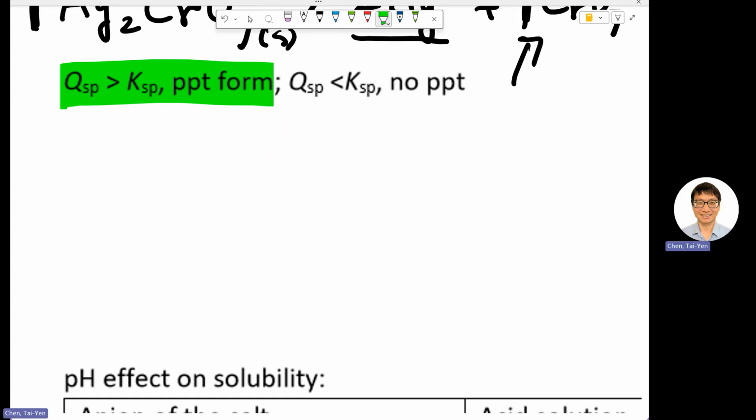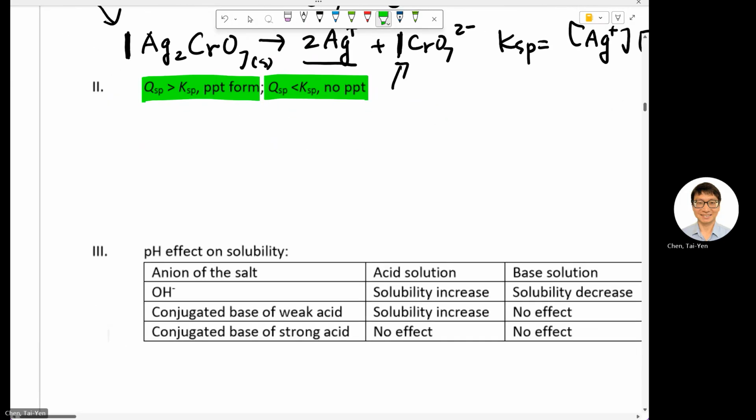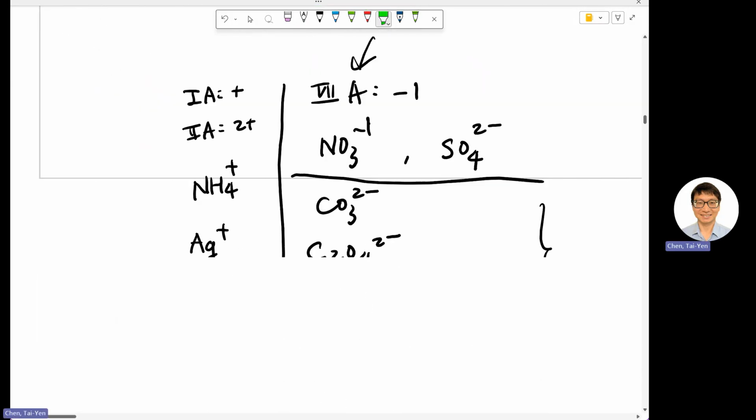Okay, so let's see how we should apply this knowledge to the question. Does everybody follow why I say if your Qsp is larger than your Ksp, you are going to form precipitate? Everybody can agree with that statement? So this will be the question you're going to see.